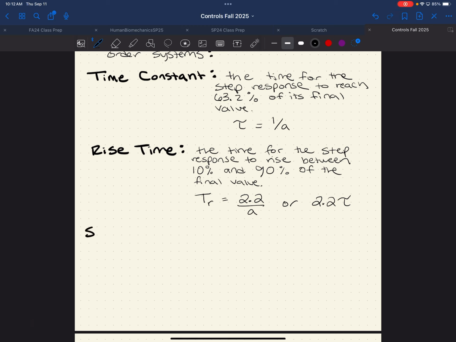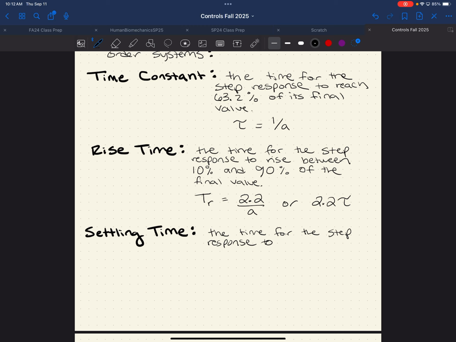Last definition, settling time. So the first 2 properties had to deal with that initial response of the system, that early time behavior.